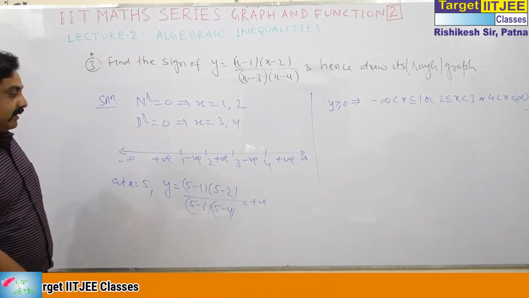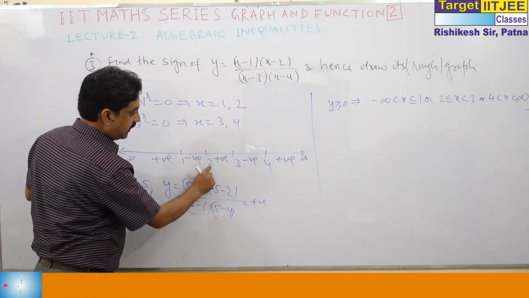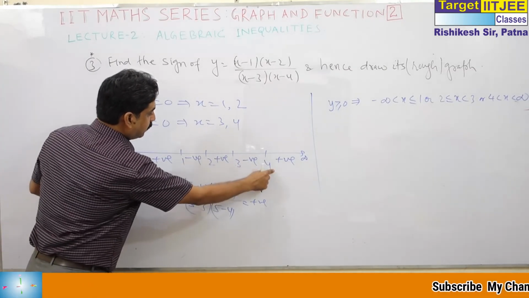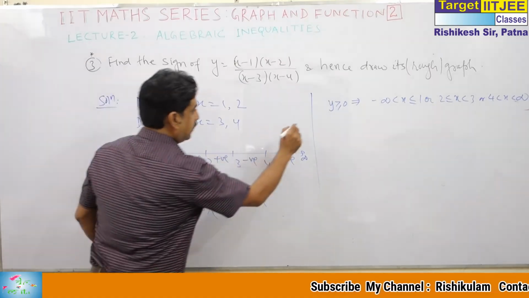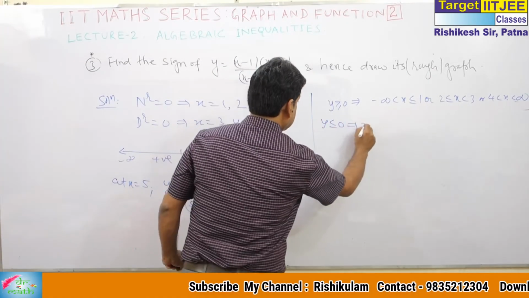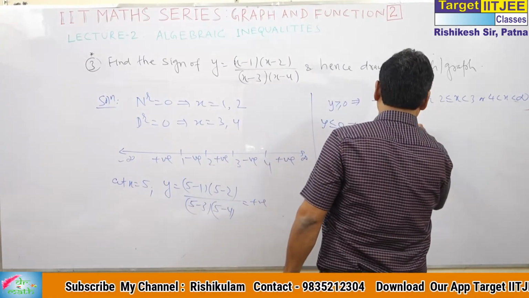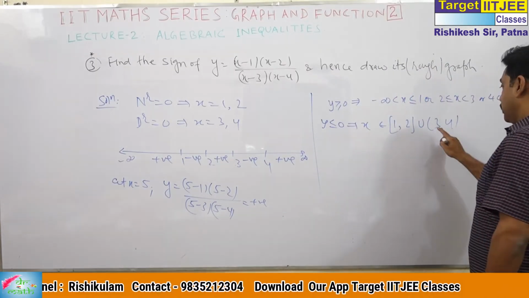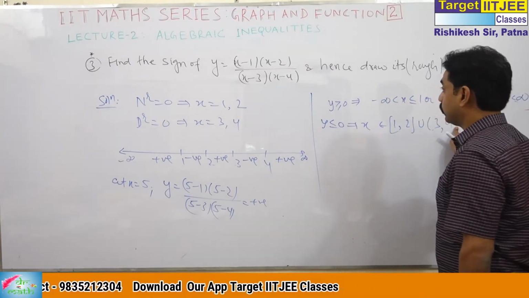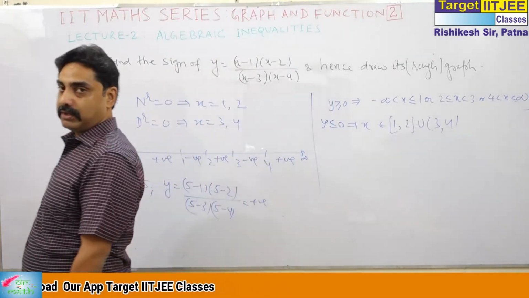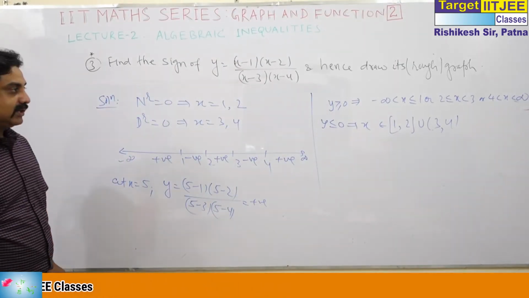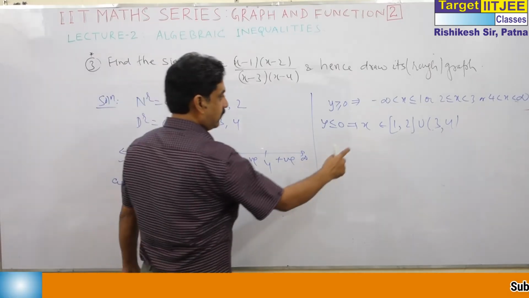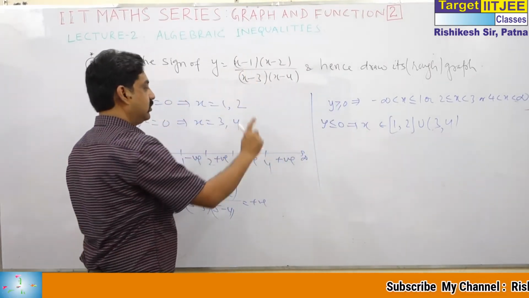If we have to write y less than 0, it is negative from 1 to 2 and 3 to 4. For y less than or equal to 0, we take 1 to 2 closed, but 3 to 4 open, because the denominator cannot be 0.